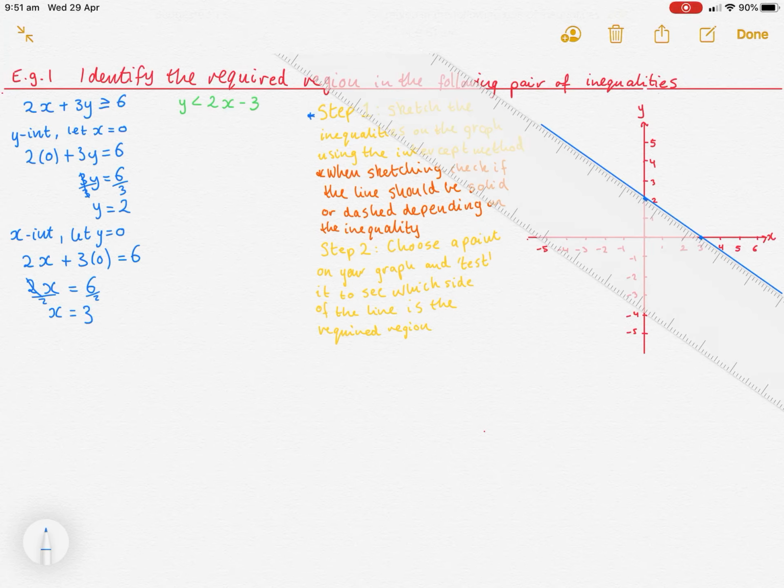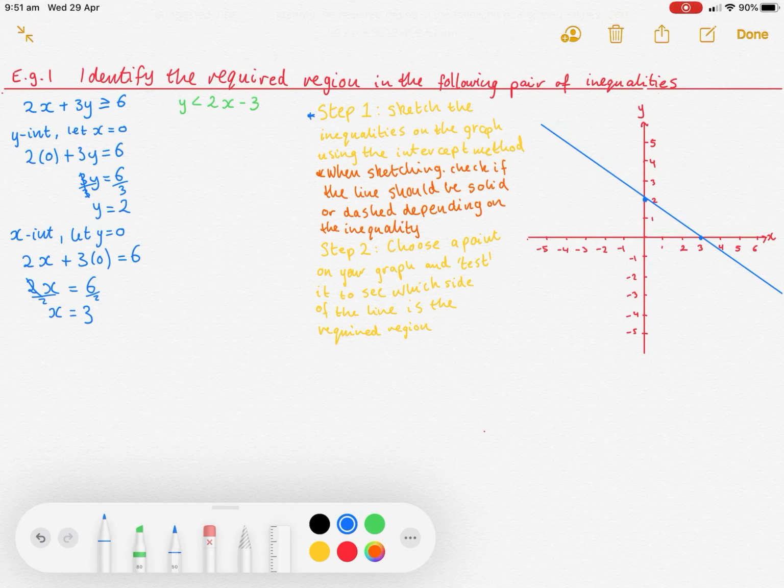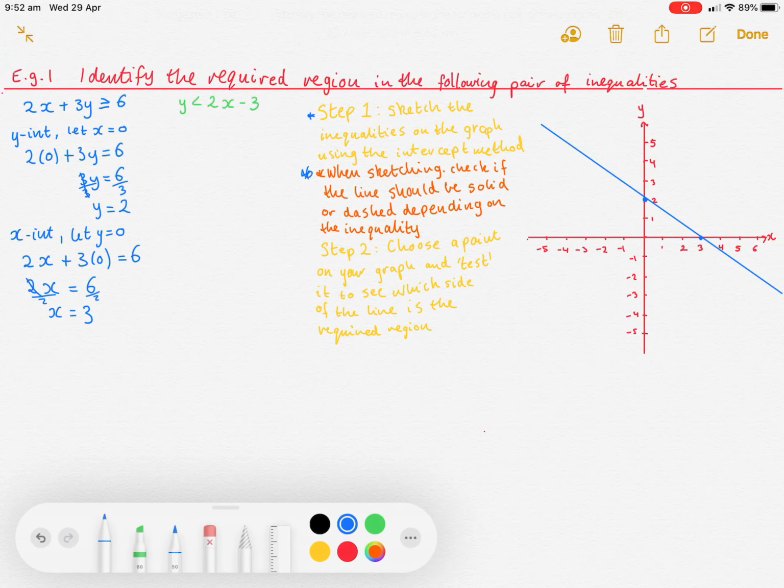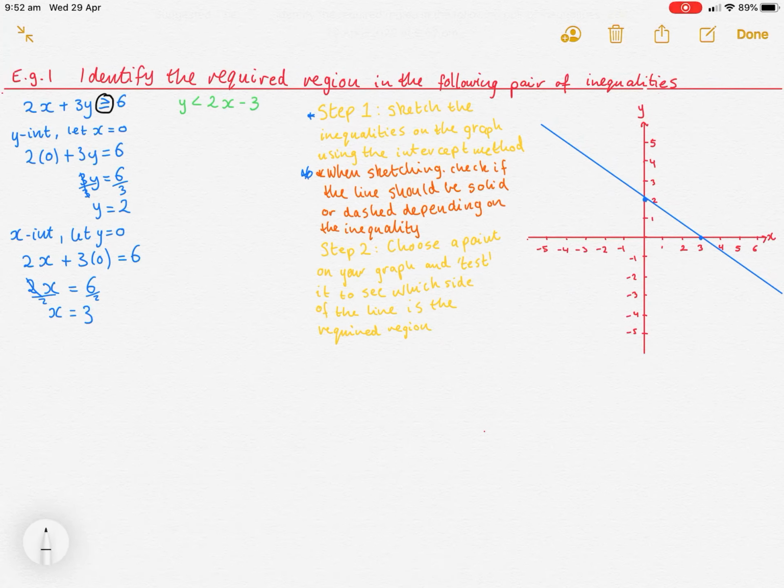Good. Okay, that's our first one done. Now, one thing I should have checked before I did that was this little note over here. It says, when sketching, check if the line should be solid or dashed, depending on the inequality. Looking here, we've got one that is greater than or equal to.